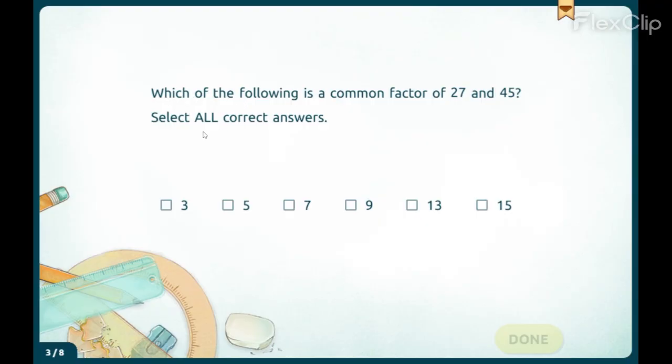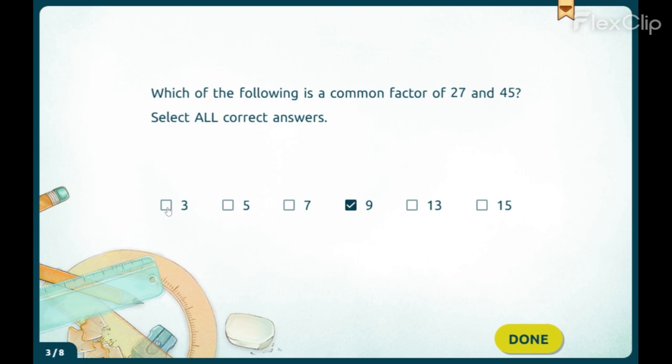And we're looking for all correct answers that need to be common factors for these two numbers. The first and the very important step is to check the divisibility by number 9. 2 and 7, 9. 4 and 5, 9. That's why the common factor for 27 and 45 is 9. 9 times 3 is 27.